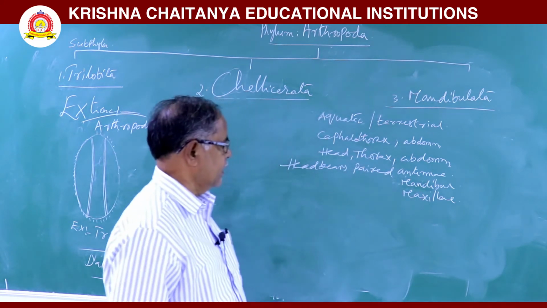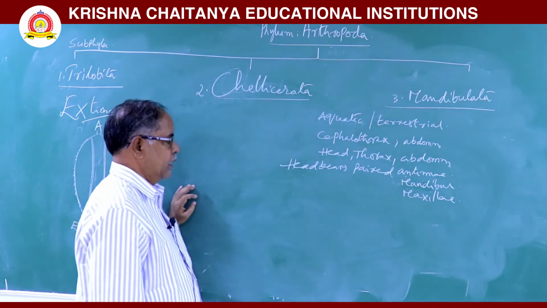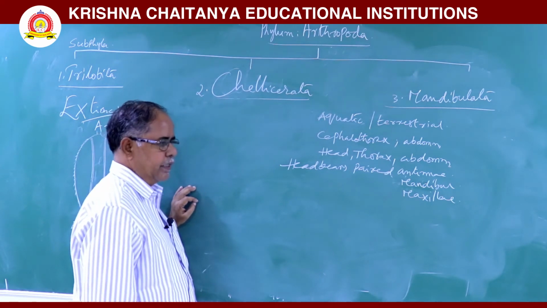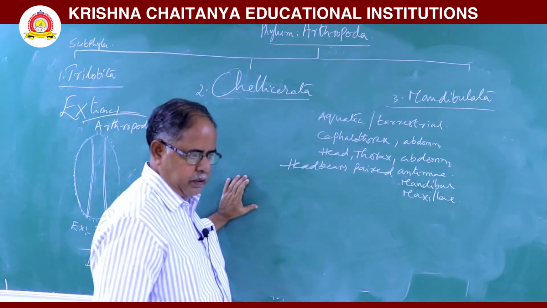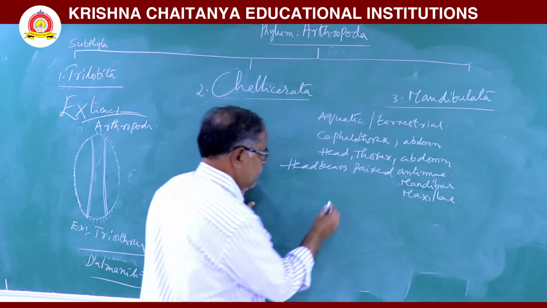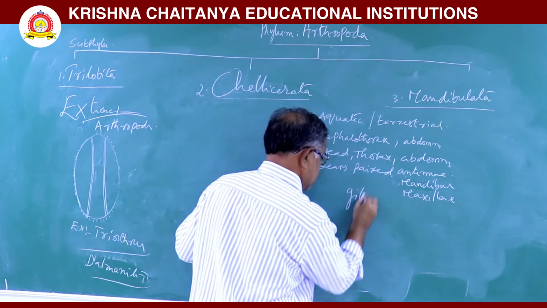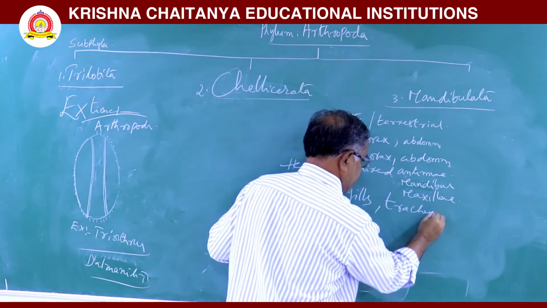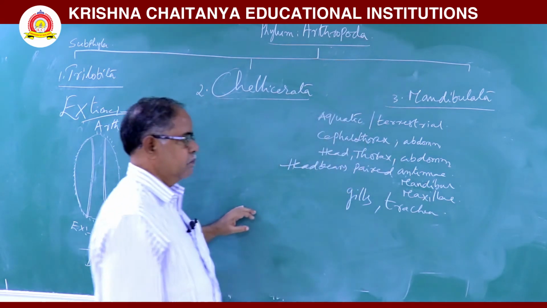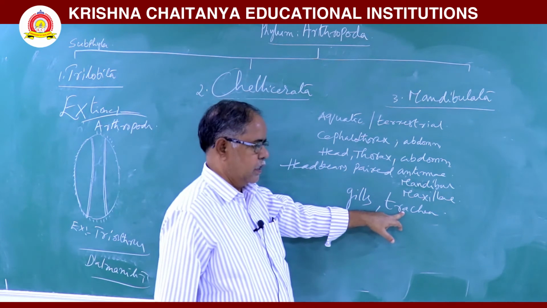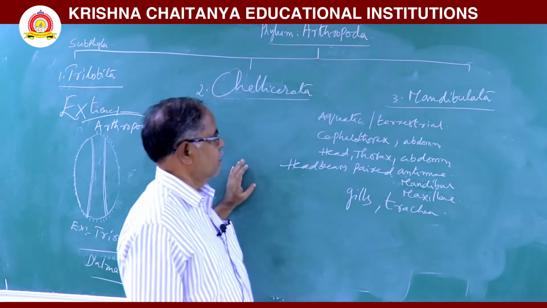Paired antennae, paired mandibles, paired maxillae are there. Next, in these animals, the respiratory organs, in some the respiratory organs are gills, in some trachea are used as respiratory organs.